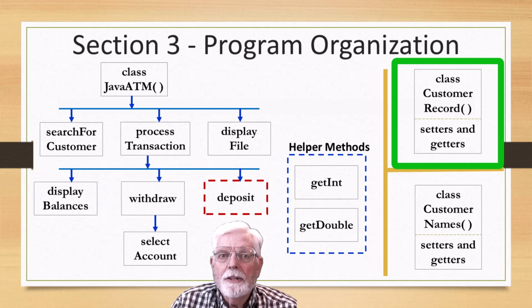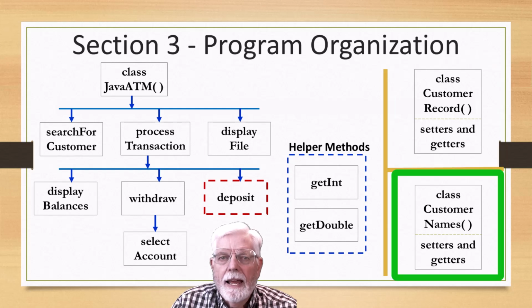Getter and setter methods are provided to give access to this data by the Java ATM class. Class customer name() is similar to class customer record(), but it holds data for one record from the customer names.txt file.